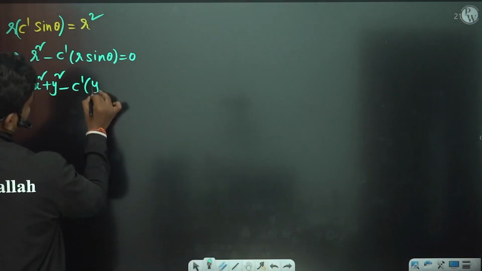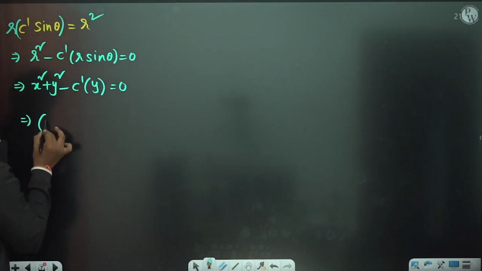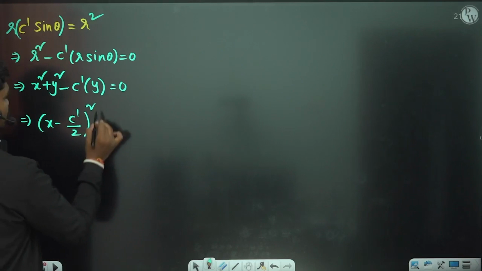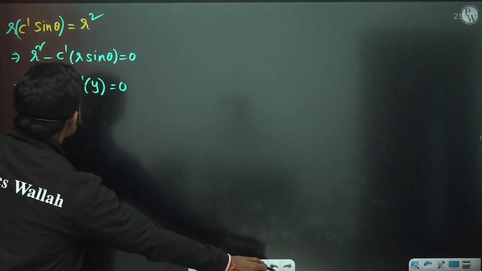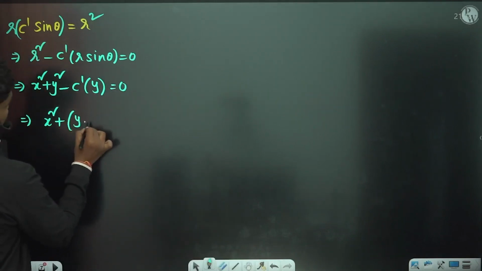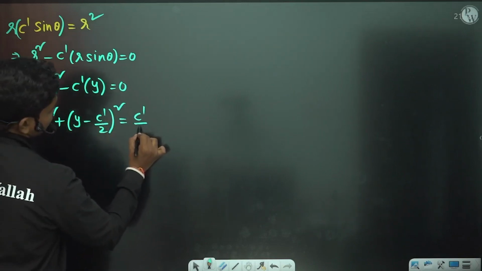So this is y is equal to 0. So this equation can be written as x square plus y minus c dash by 2 whole square is equal to c dash by 2 whole square.